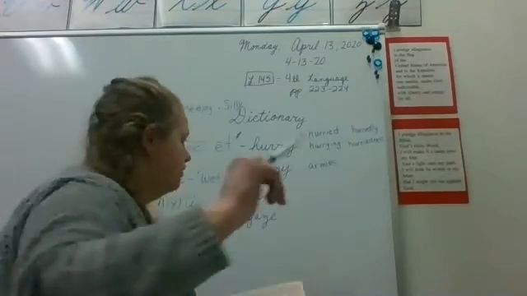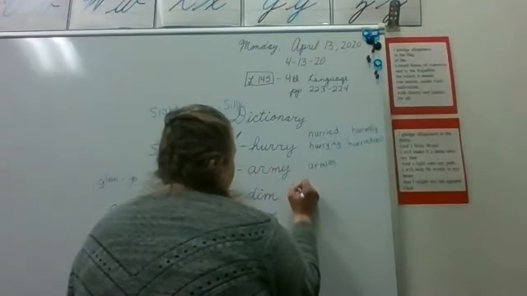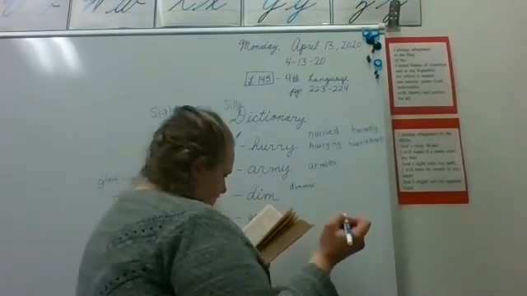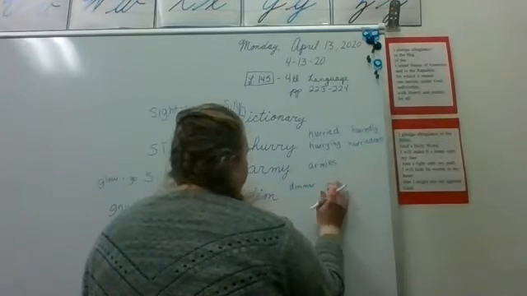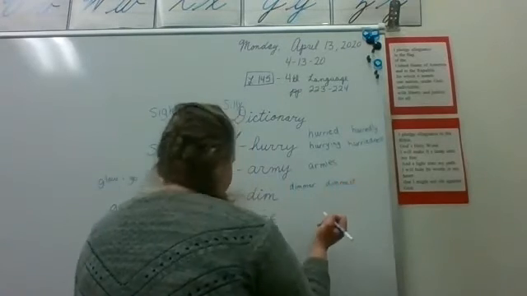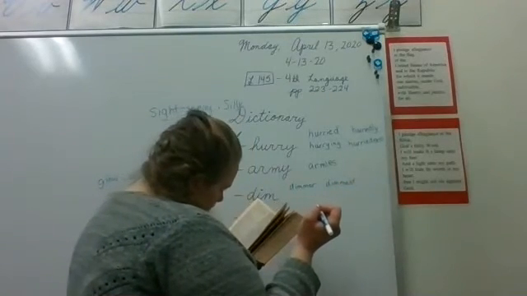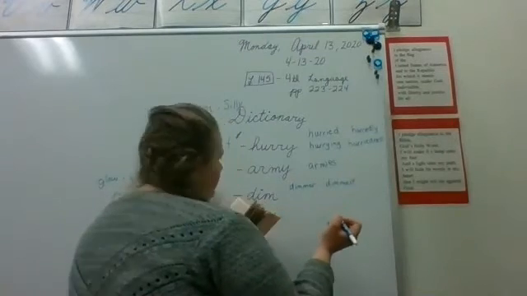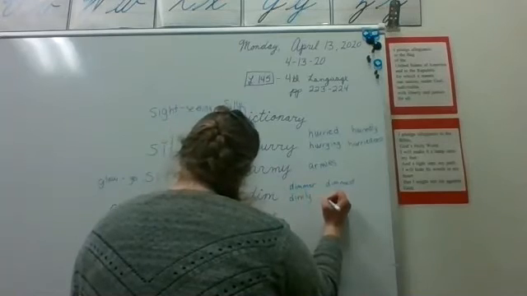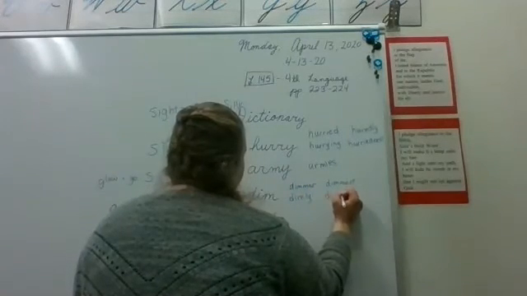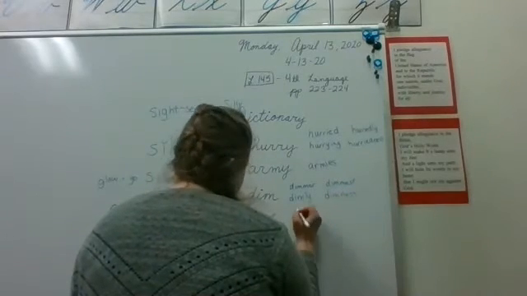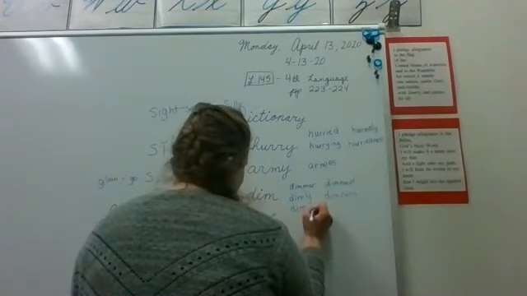Do you find dimmer? And if you found dimmer, you must have found dimmest. And you could have dimly and dimness, the amount that it's dimmed, and then dimmed.